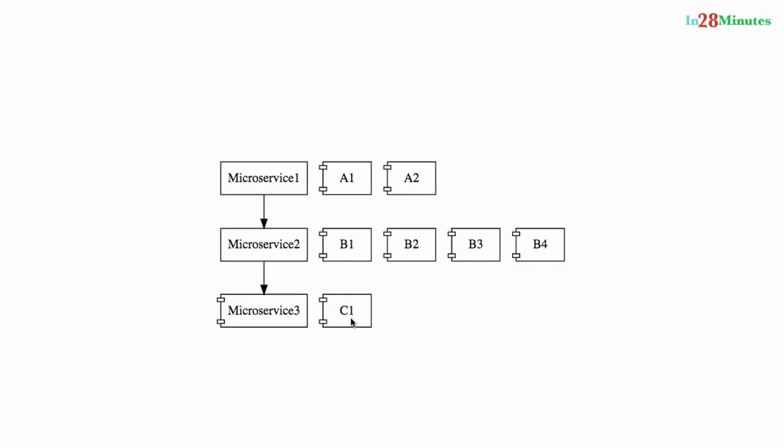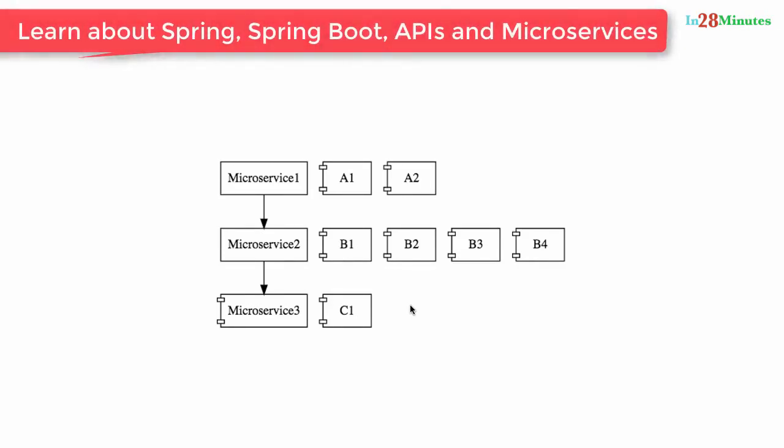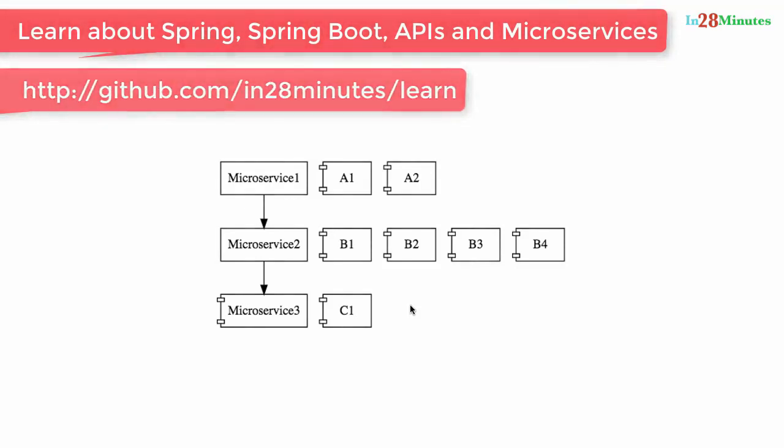By cloud enabled, I mean that if there is more load on microservice 3, I should be able to easily bring up another instance of microservice 3. This should not involve a lot of configuration. I should be able to bring up an instance of microservice 3 or take down an instance of microservice 2 without having huge problems. That is what I mean by cloud enabled.